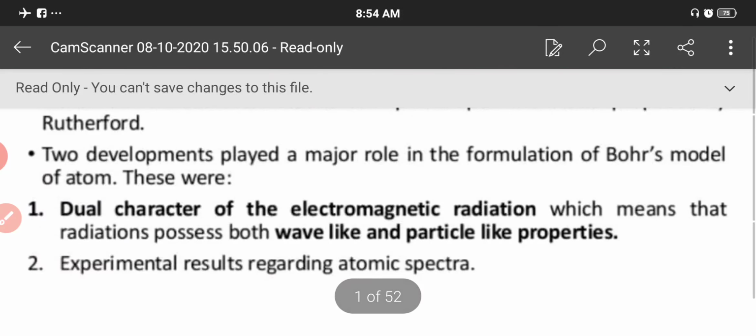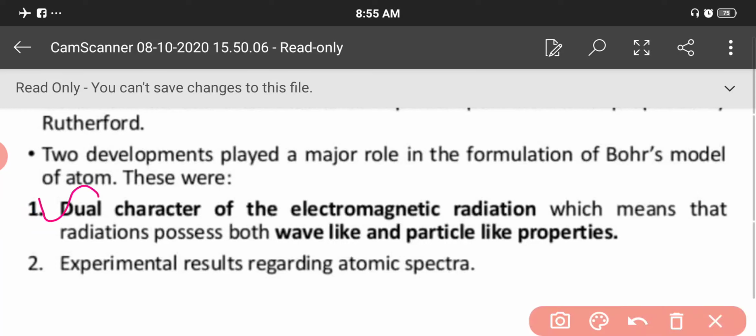First is the dual character of the electromagnetic radiation, which means that the radiation possesses both wave-like and particle-like properties. So from this, one MCQ may be asked: the wave having dual nature, particle-like and wave-like. Every electromagnetic radiation has dual nature.